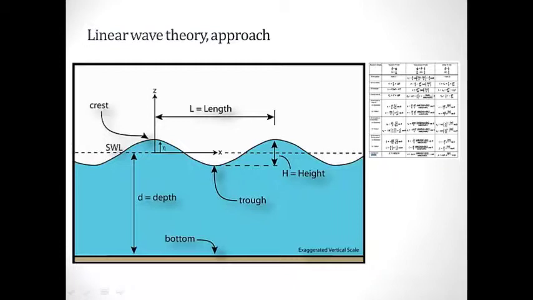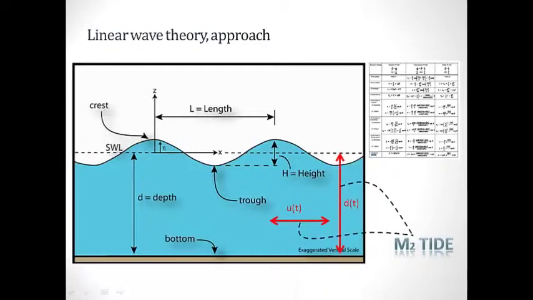It's a lot of equations. So if you consider this harmonic wave, we could superimpose a vertical and horizontal tide, or water elevation change, as well as current change.